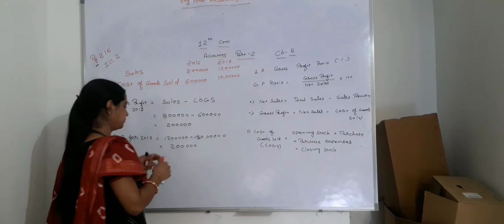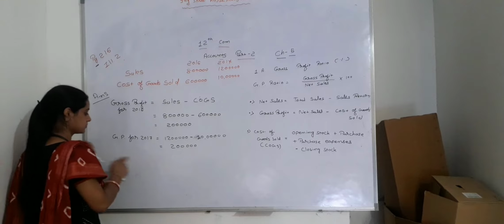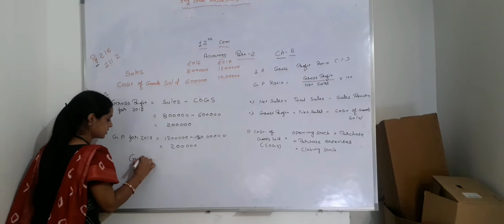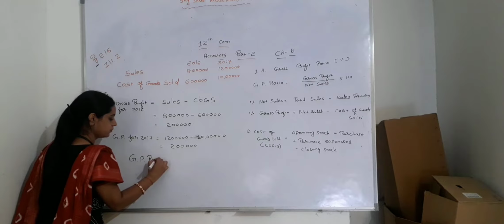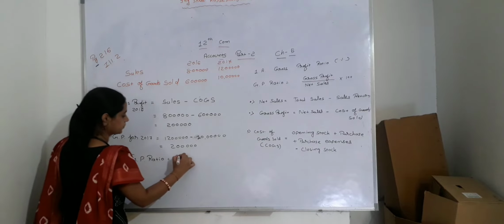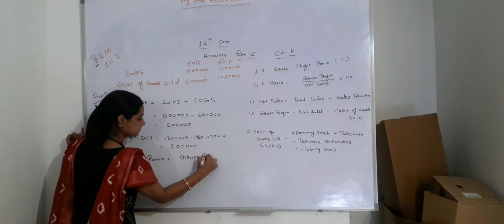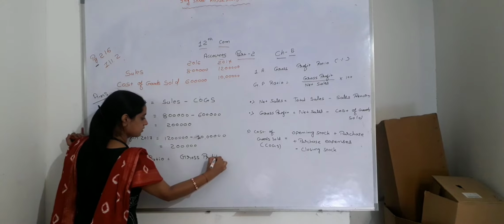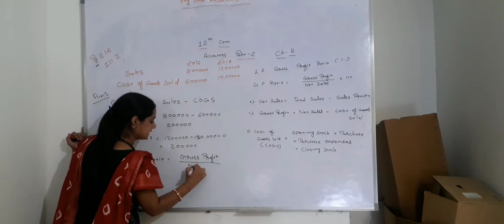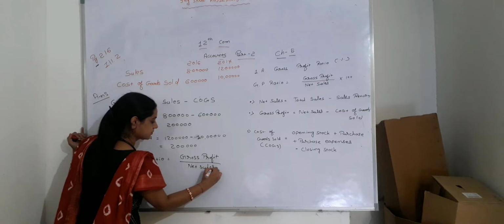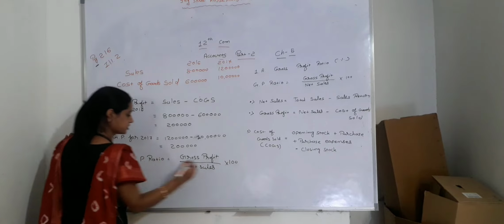So gross profit ratio is equal to gross profit upon net sales into 100.